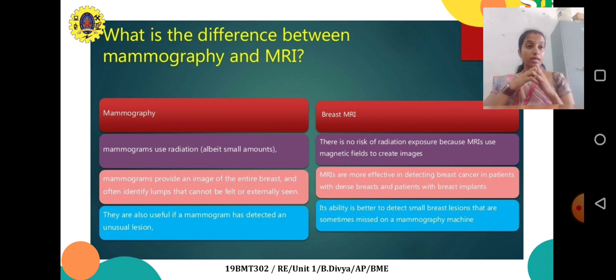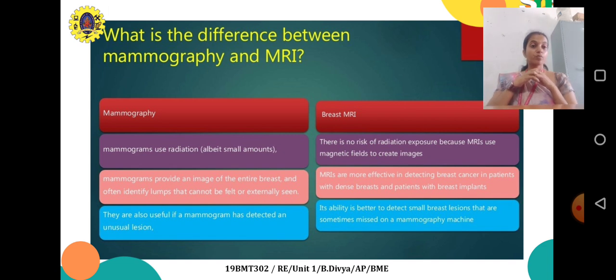Whereas MRIs are more effective in detecting breast cancer in patients with dense breasts and patients with breast implants.